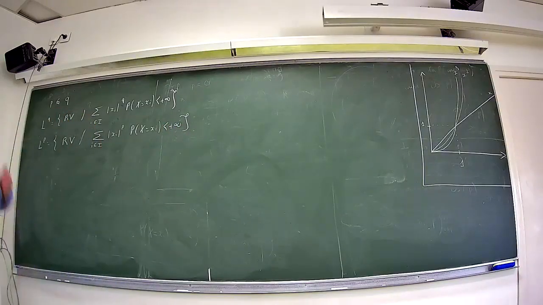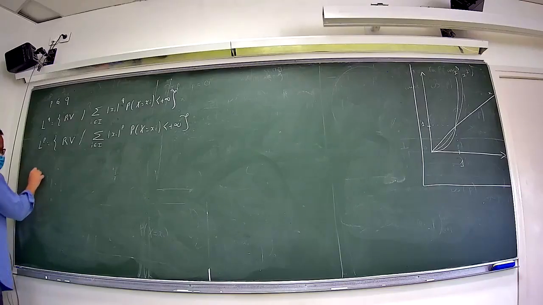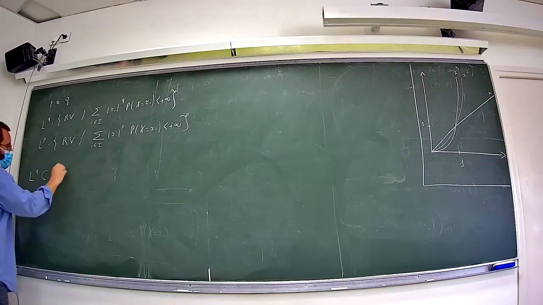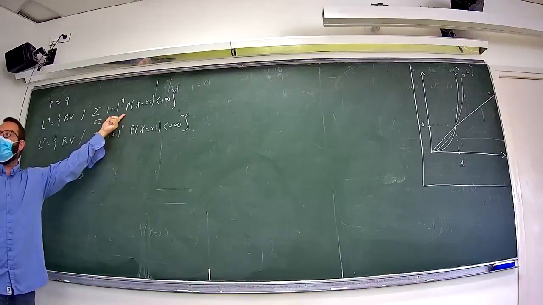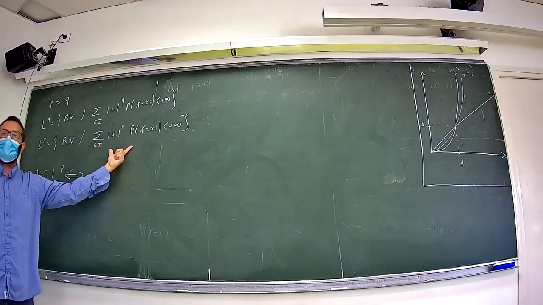So in other words, in order to prove that Lq is included in Lp, I have to prove the following: if I am in this one, that is, if this sum is finite, then necessarily this one is.